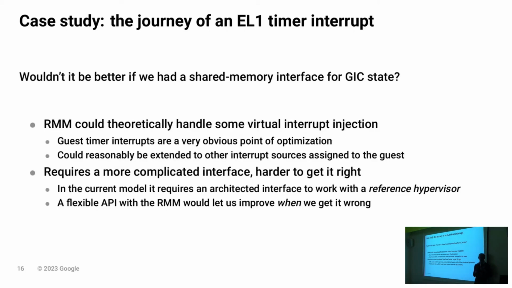The EL1 timer is directly programmable by the guest, but we get physical interrupts that come out into the non-secure hypervisor. Theoretically, we could come up with a model where some of that GIC emulation state is shared between the RMM and the non-secure hypervisor. If the RMM was able to introspect and look at the GIC state, it could perhaps determine to go ahead and inject a virtual interrupt targeted to the guest without even doing a full exit and context switch back into the non-secure world.